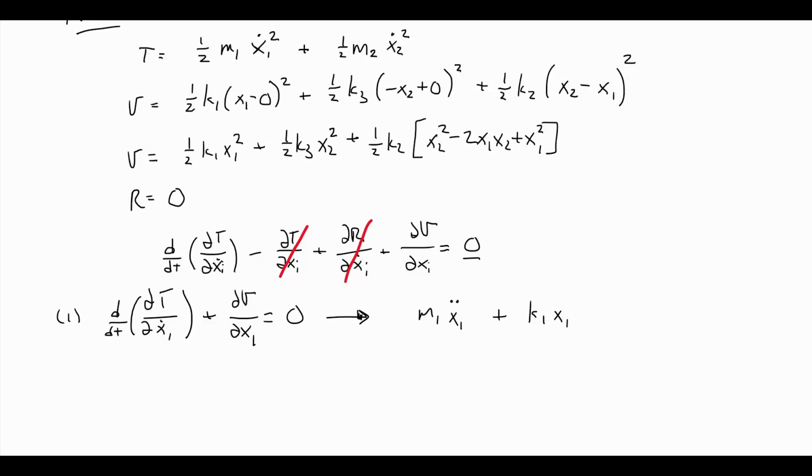Now here I have this 1/2 k2 x2 squared. That will go away. I will have a minus 2 times 1/2, which is 1, so a k2 x2, plus, when I differentiate the x1 squared term, the 2 and the 1/2 cancel, k2 x1.